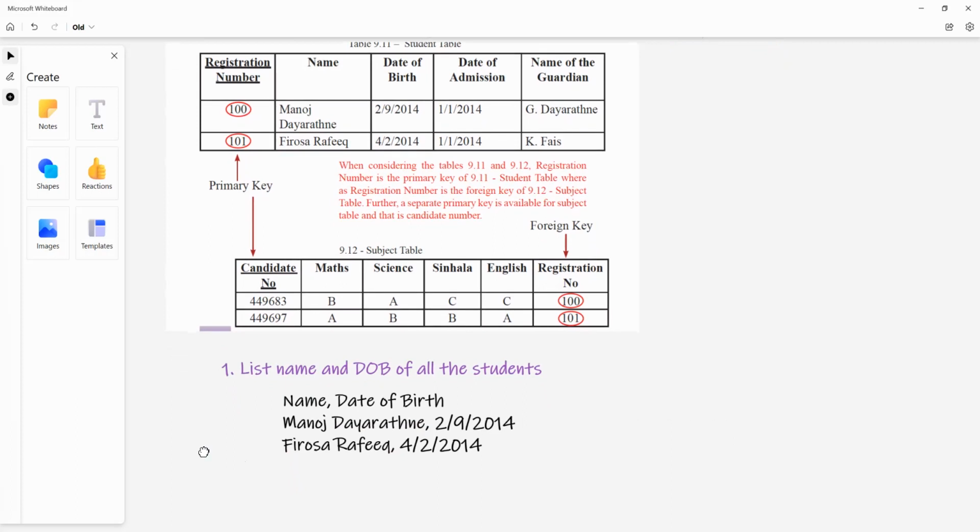Right. Are you comfortable up to now? Yes. One more. So I got the answer from Yonal and Imashi. Good. Let me give you another one.